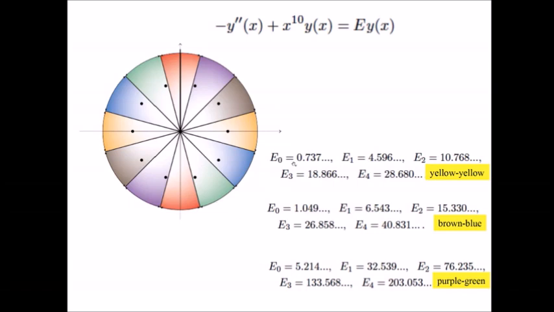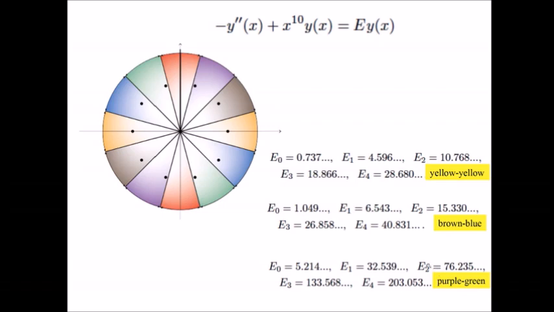And what you see is that the energy levels in the conventional problem are these numbers. These are the energy levels. In this pair of turning points, we have bigger energy levels. And in this pair of turning points, we have even bigger energy levels.